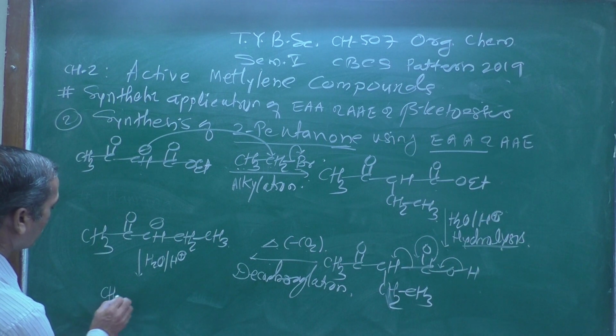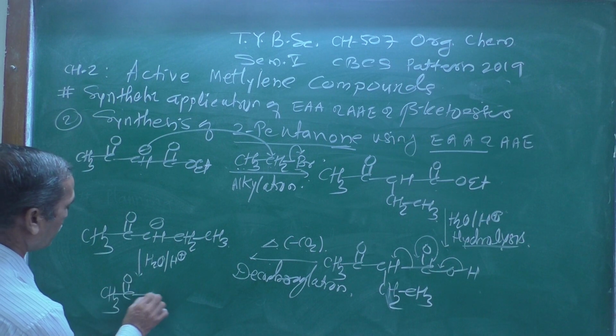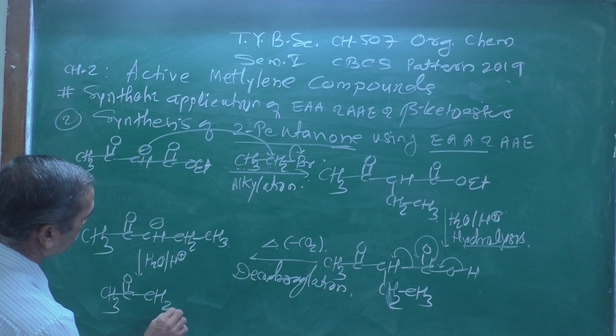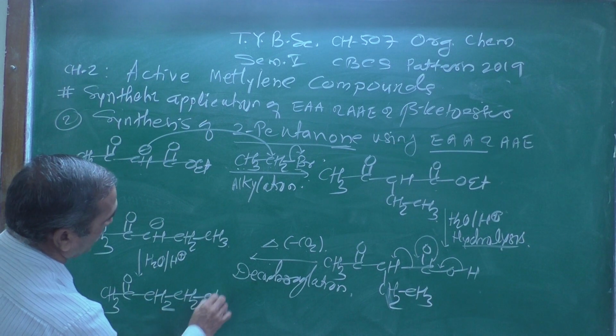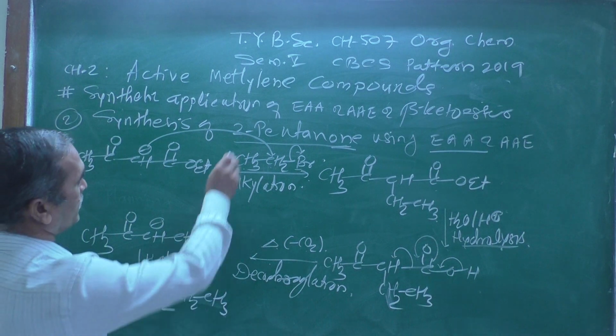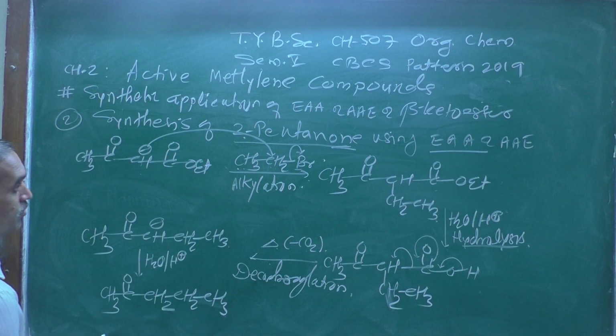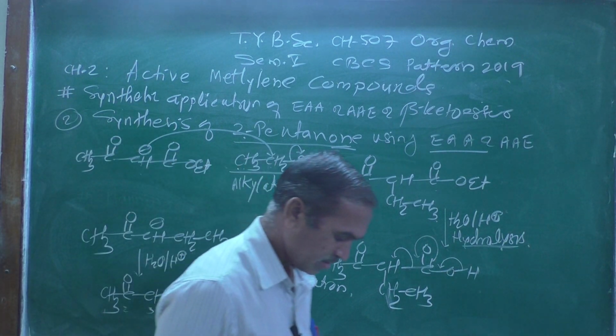This will be CH3, C double bond O, then CH2, CH2 and CH3, and this will be your 2-pentanone, carbons 1, 2, 3, 4 and 5. This will be your target molecule.